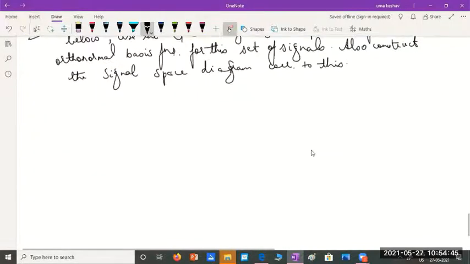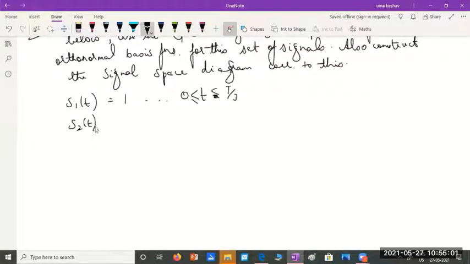Okay, the signals are given as follows. S1 of t is 1 in the range t lies between 0 to T by 3. S2 of t is 1 in the range T by 3 to 2T by 3.